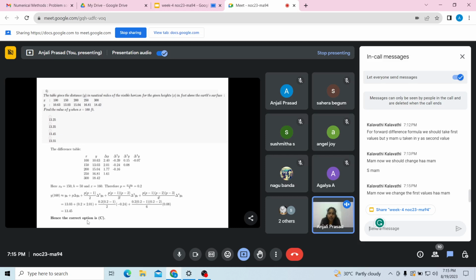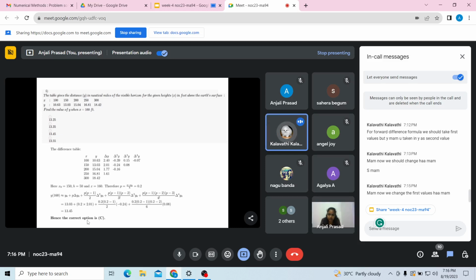Kalavati, can you please unmute yourself and tell me what exactly your doubt is? I'm unable to get it. Ma'am, now we should change the y naught value fully, ma'am. Yeah, you have to take y naught value as 10.63.